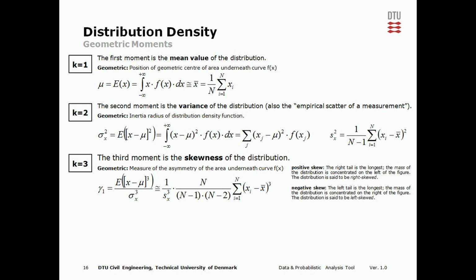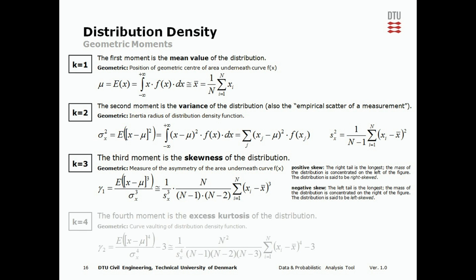If the skewness becomes positive, the curve of our density function leans towards the right side of our graph. And finally, if we apply the fourth power to the differences from our data points to the mean value, here at the bottom, then we get a measure of the kurtosis, in principle pointing to how pointy, how sharp the distribution function actually is.